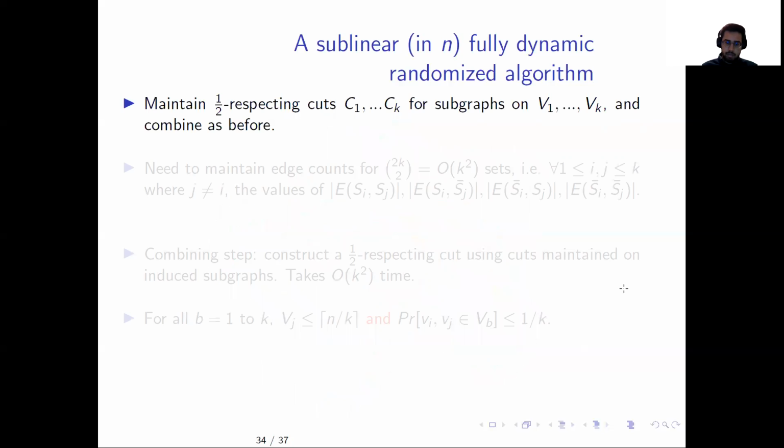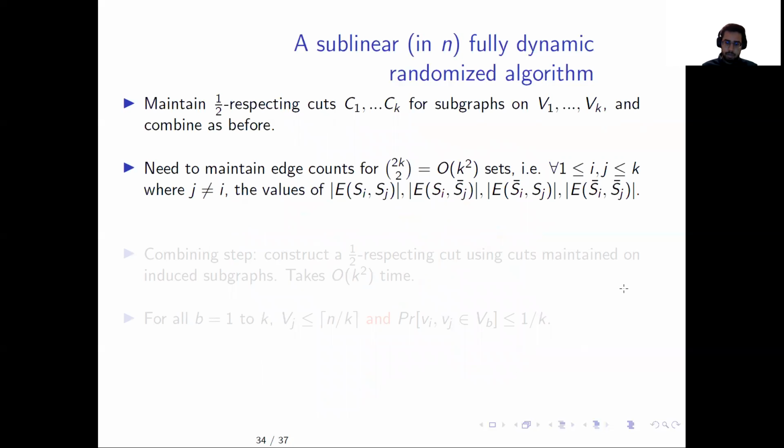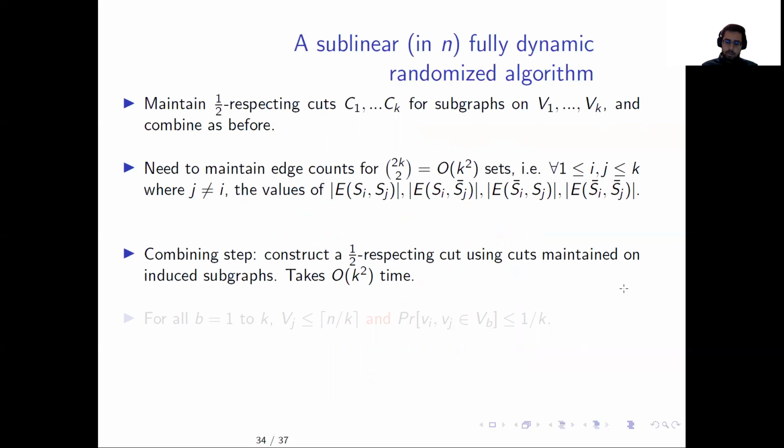For any update we use the delta update time algorithm on each of those k vertex disjoint induced subgraphs. However, the number of edge counts that we now need to maintain is k squared, and the combining step is essentially going to take k squared time.